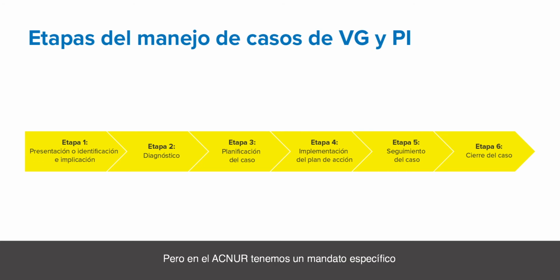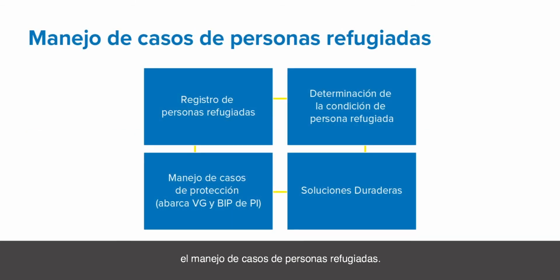But because we are UNHCR, with our specific mandate for refugee protection, we also do a different type of case management, and that is refugee case management. This is made up of a broader set of services that take place from the moment a person is displaced and seeks asylum until a durable solution is identified.